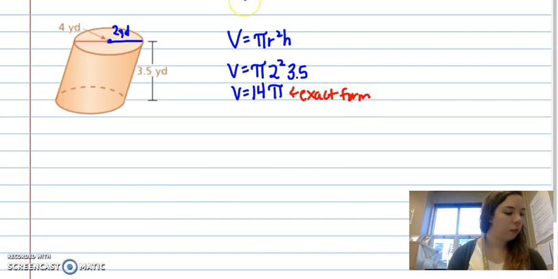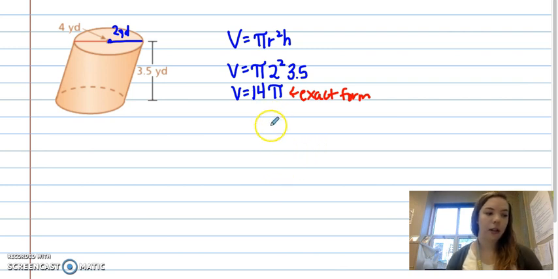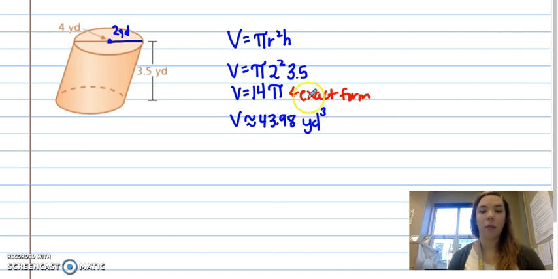And then I can multiply 14 and pi together, and it's 43.98 cubic yards. Okay, we want to label. Okay, and remember, it's just like we're filling this up with ice cubes. It would take pretty much 44 yard size ice cubes to fill this up. Okay, this is your rounded form.